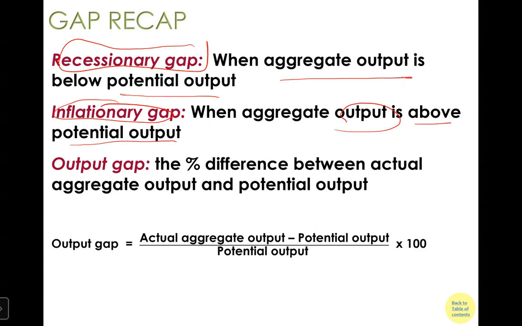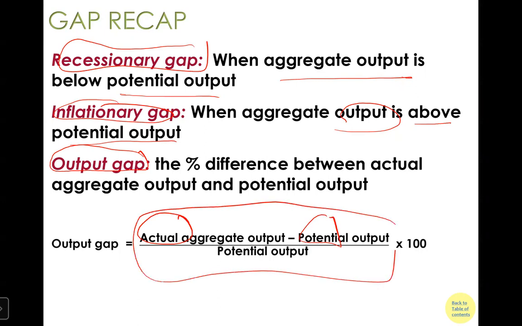In either case, we can define an output gap as the percentage difference between your actual production and the potential output. If it is a positive output gap, we are in expansion. If it is negative, we are in a recession.